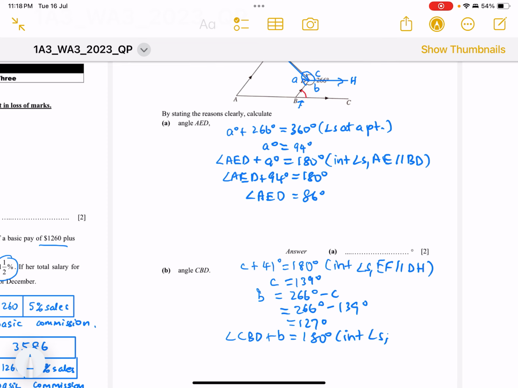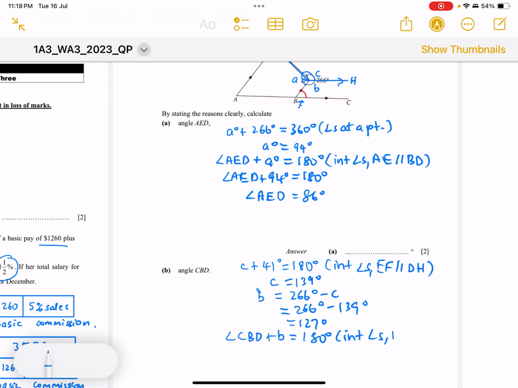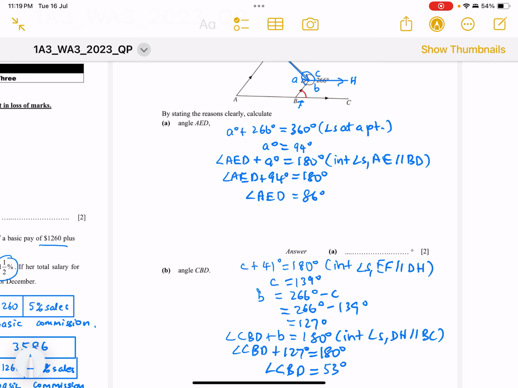And this time the parallel line is DH parallel to BC. Okay, so angle CBD plus 127 equals 180, and that gives us angle CBD is 53 degrees.